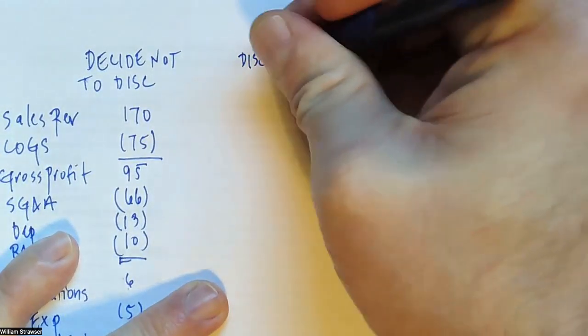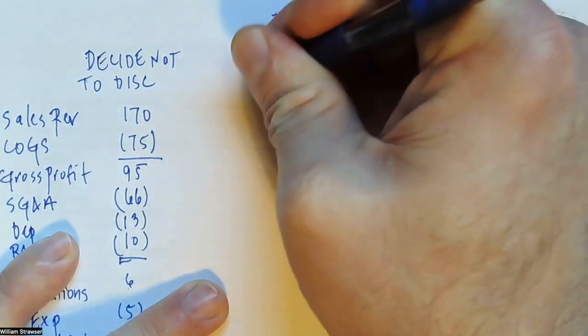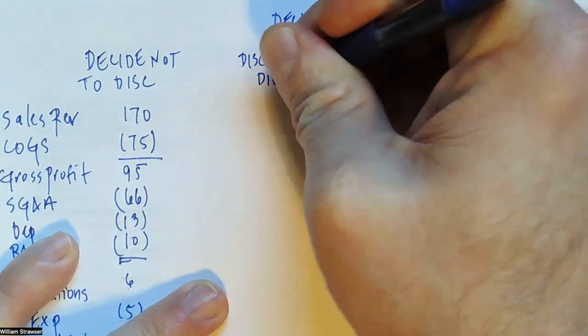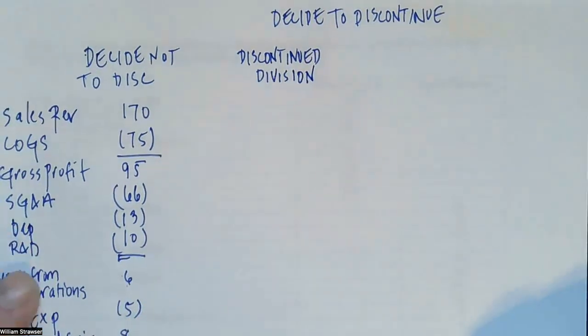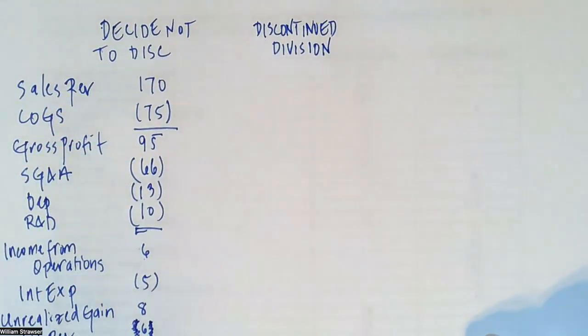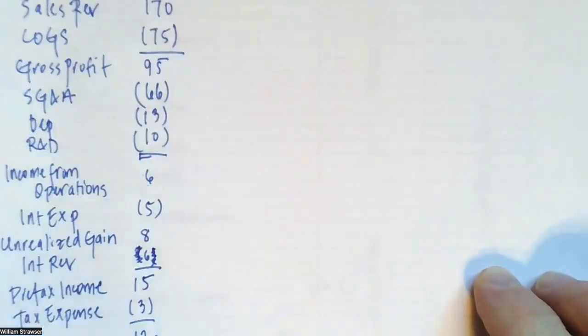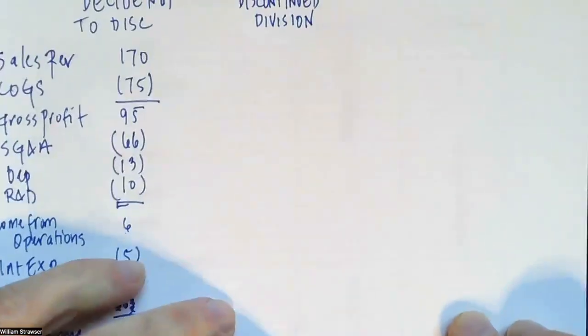So I'll call it the discontinued division. And we are going to go under that assumption that 30% of all these items except for the unrealized gain, which is entirely a part of the continuing operations, is the discontinued division. So 30% of everything except for that, then that's the discontinued division.